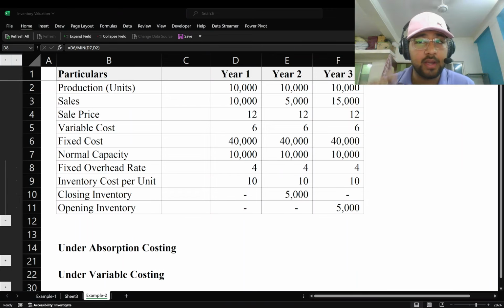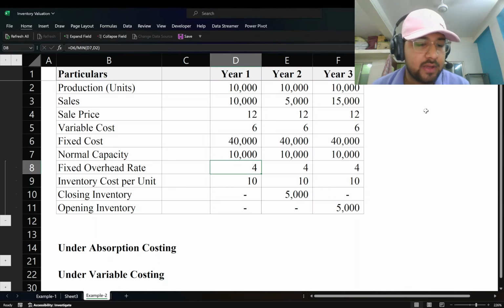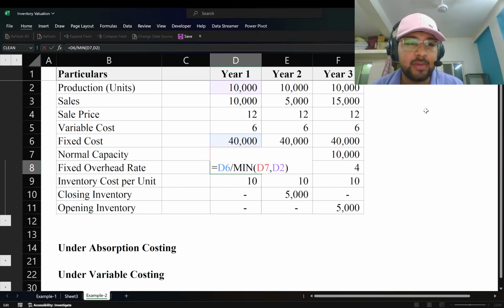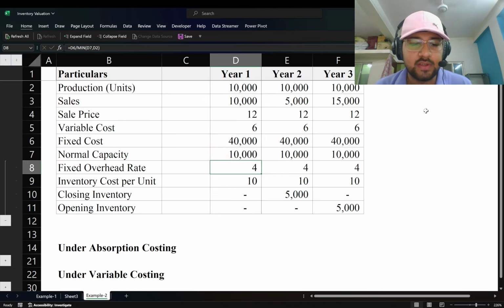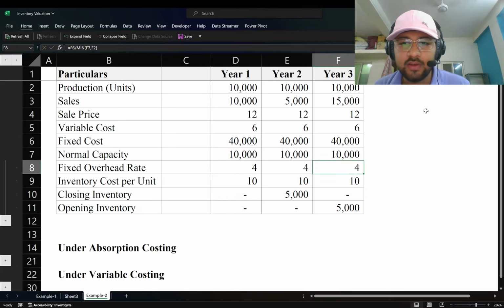We are talking about accounting here as per Accounting Standard 2, Indian Accounting Standard 2, and International Accounting Standard 2. The inventory as per paragraph 13, we are doing the same thing. Whichever is the minimum, the normal capacity or the production capacity, we'll use that, so the absorption rate is 4.